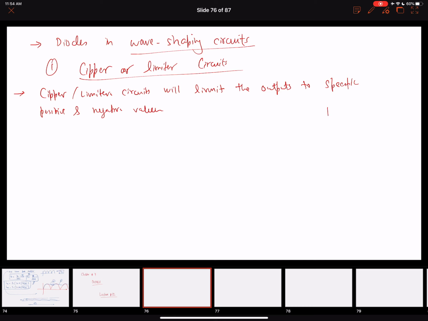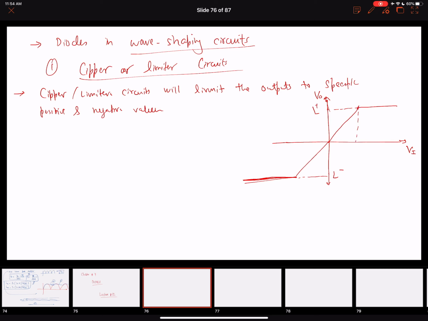For example, this is the transfer characteristic. Just assume a constant line here like this. This is input voltage, this is output voltage, and this is, let's say, L positive, and this is L negative. What this waveform shows is that my output will be limited at a specific value, irrespective of how much I increase my input voltage.